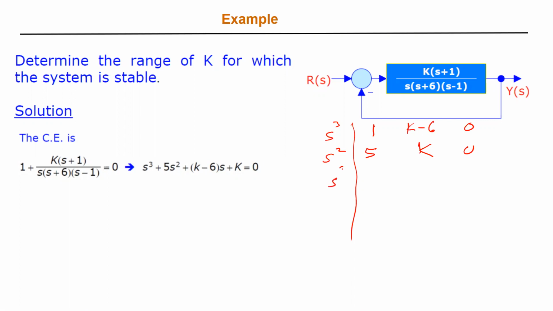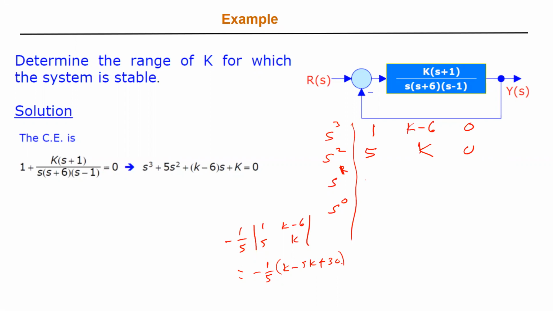Now I want to calculate the rest, the s to the 1 and s to the 0 rows. In this position, it's going to be minus 1 over 5 times the determinant of 1, 5, K minus 6, and K. This will give me K minus 5K plus 30.